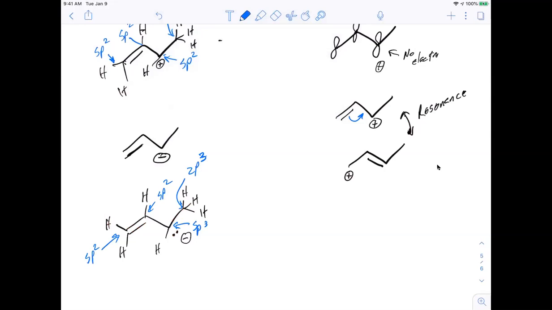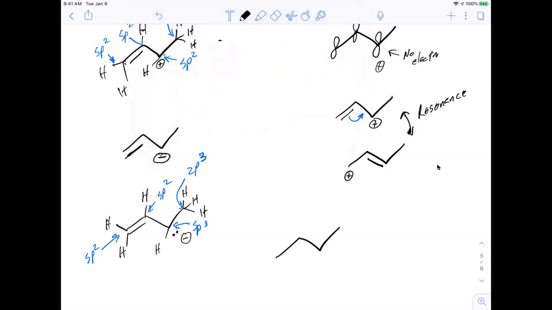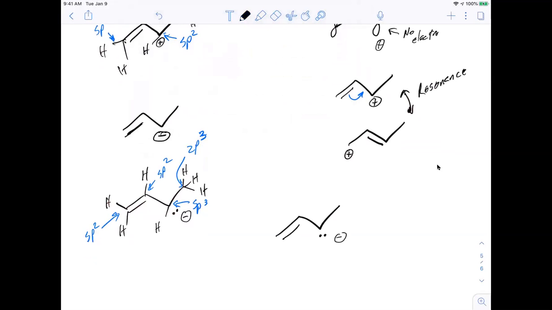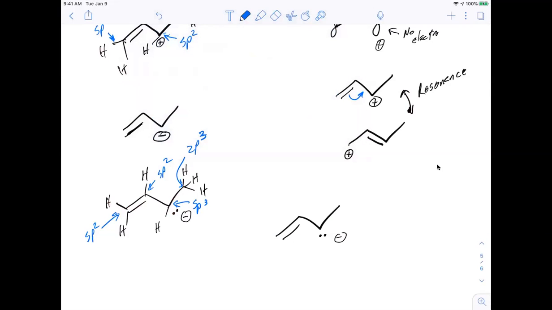So in this case, let's draw it again. I don't have an sp2. What I have is this lone pair, right? But the nice thing about lone pairs is they're electrons that aren't attached to anything.